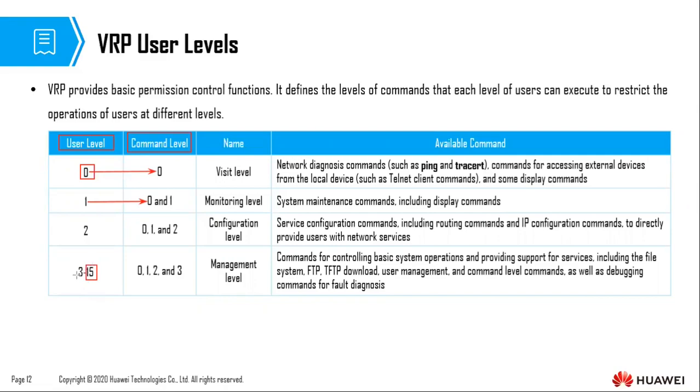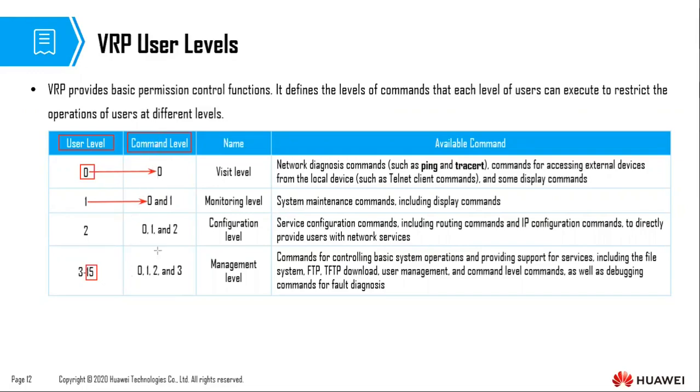That's the main difference between user level 3 to 15. It's the same level, but the only difference is that you cannot create a person with a higher level than yours. If we've created you with level 3, you cannot create an account whose level is 4. And you cannot remove a person whose user level is 4. So that is what that means.